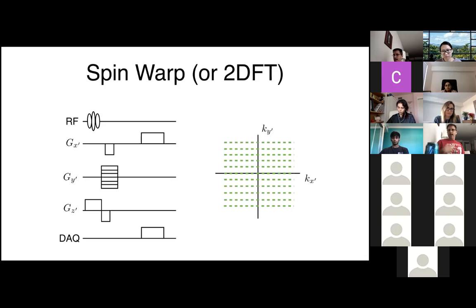Given that, how do you think you make an image if you have a set of points in the Fourier domain on a 2-dimensional grid? Any ideas? If you have a grid of Fourier values, how do you make an image? Forget images. Let's talk about sound.